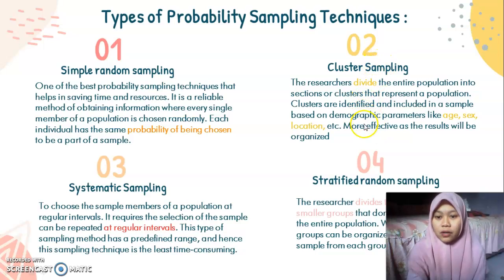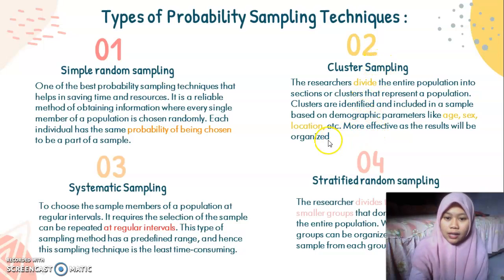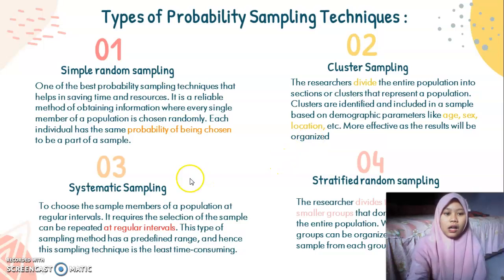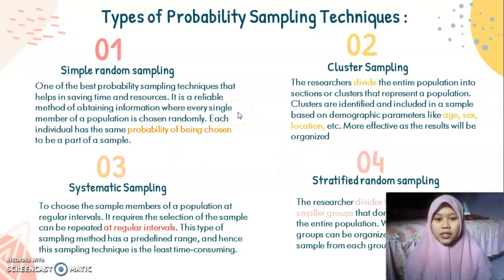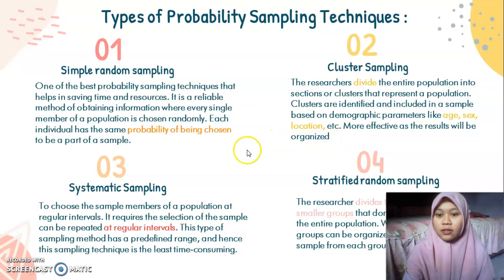Cluster sampling is more effective as the result will be organized. For example, Indonesia has some cities, such as Palembang and Jakarta, and in cluster sampling we use those subjects so that it will be organized to check the sample.